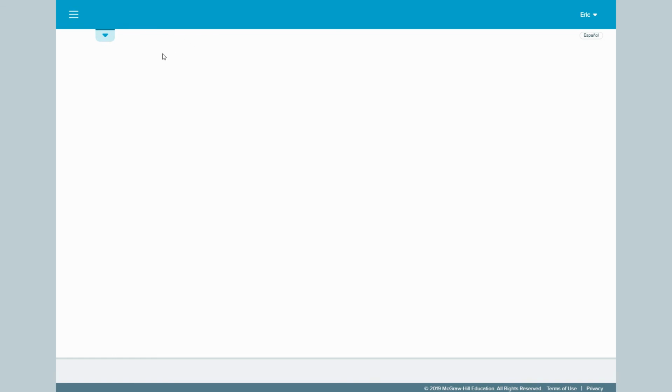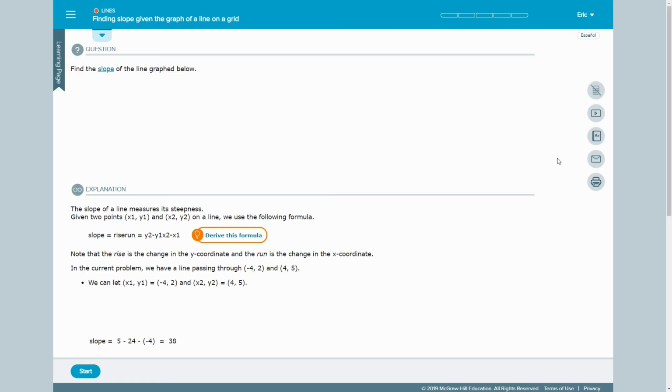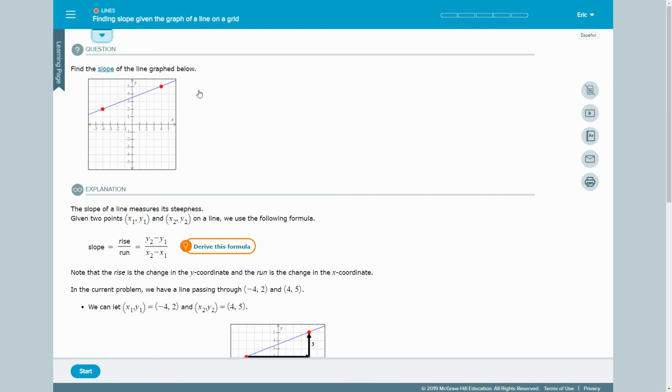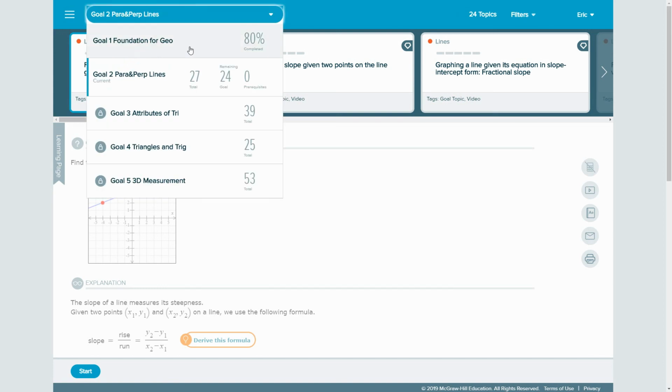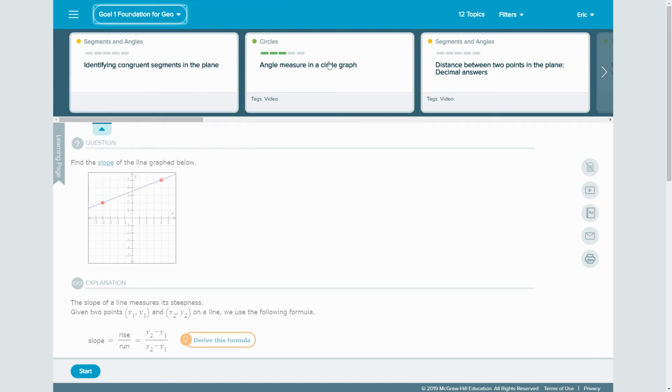For example, if you go to your Learn station and it loads slowly because I'm recording at the same time, if I go down to goal 1, I completed 80% of it, which means that these are still topics that would probably be useful to learn.